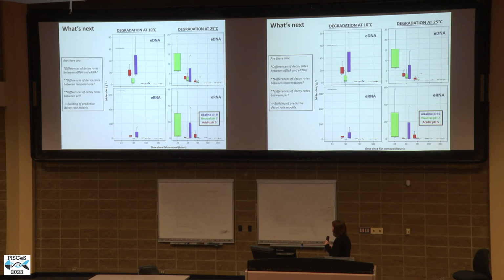What we are interested in is, for example, to understand what are the differences in decay rates between eDNA and RNA, between temperatures that you can see here on the left at 10 and at 25 on the right, and also differences between pH that you can see here in different colors.